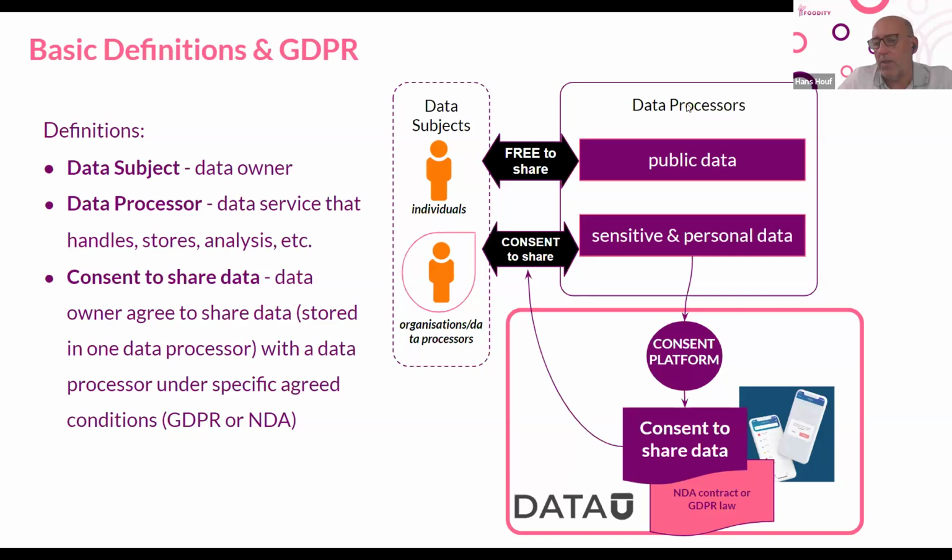But if the data processor needs sensitive personal data, we ask the data processor to include the consent platform of DataU, where explicit consent is given under a specific contract, and the data is shared from the data subject to the data processor.